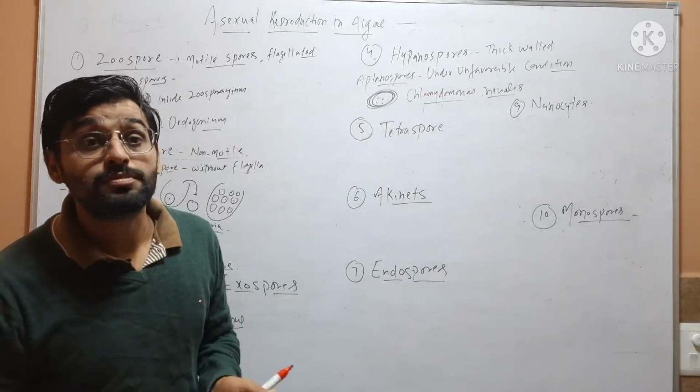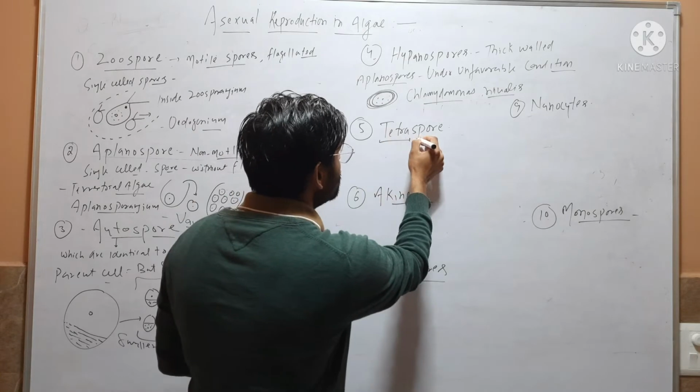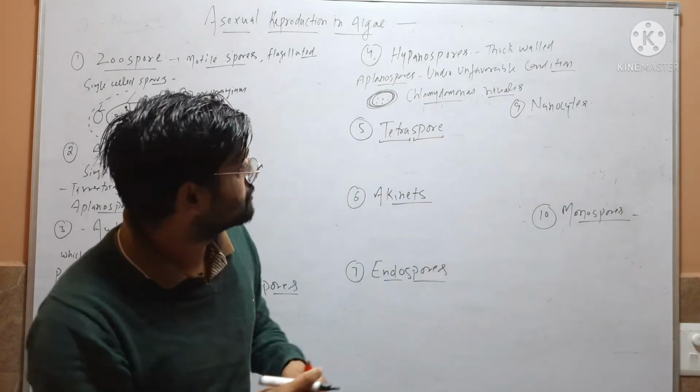Next is tetraspores. Tetra means four, spore, an asexual reproductive structure.